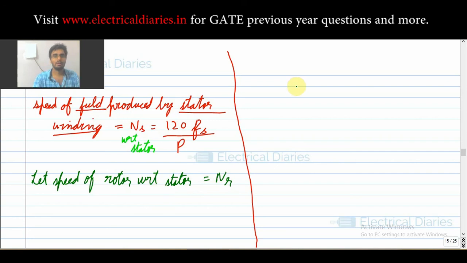See what happens in the induction motor. The field is moving in this direction with the speed of ns. These are the poles, let us say this is a north pole, and this stator flux interacts with the rotor winding. When it interacts with the rotor winding, a force is produced by the I L cross B relation, that is, the Lorentz force.